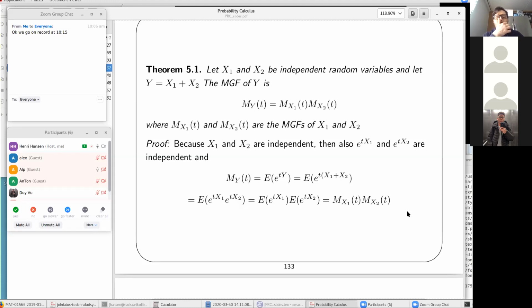I wanted to state this theorem here because very often we can rely on this idea to get the moment generating functions.